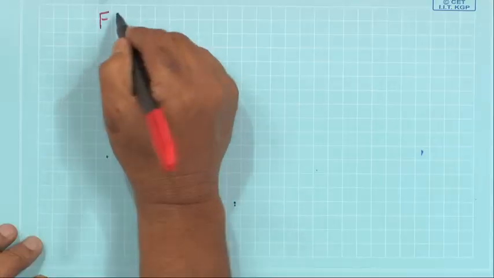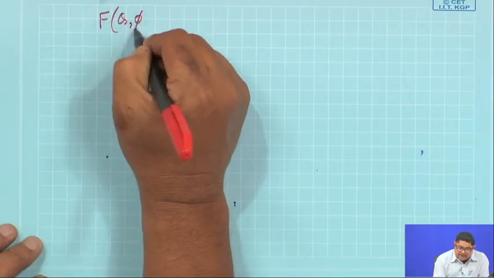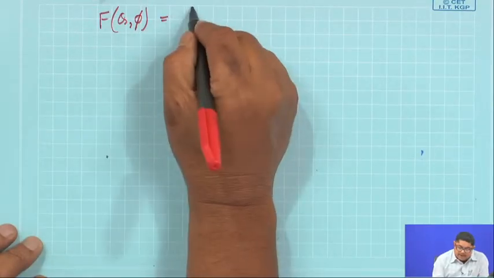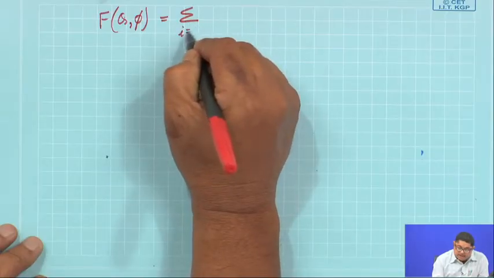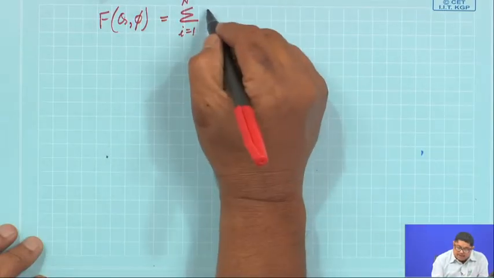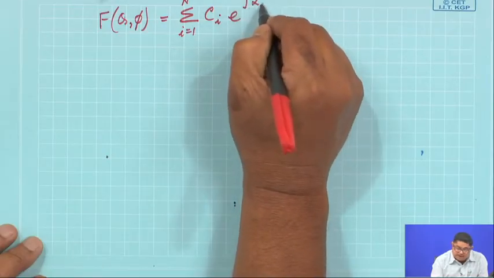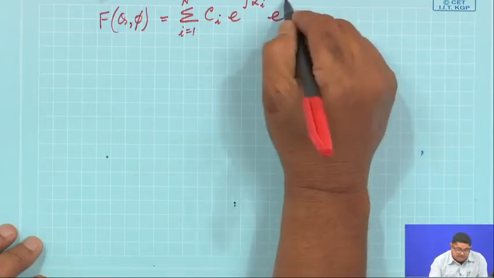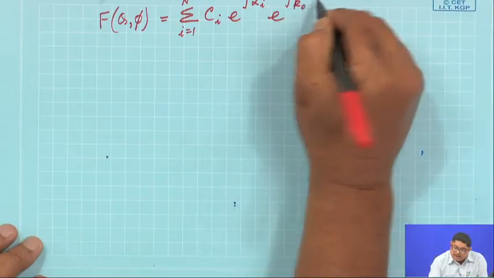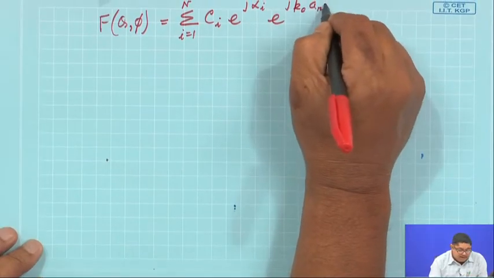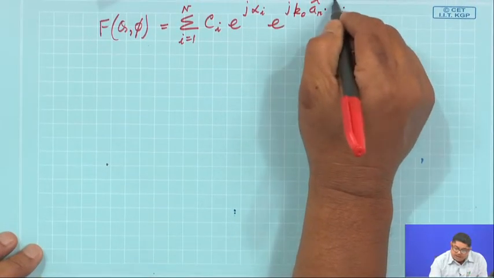So now the study of array antenna is basically the study of this array factor. I can write the array factor as the sum from I equal to 1 to n of C I e to the power j alpha I e to the power j k naught, A r dot r I.